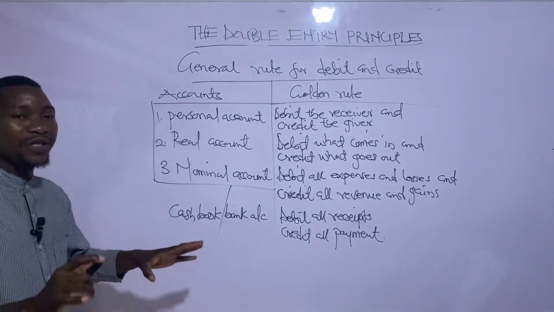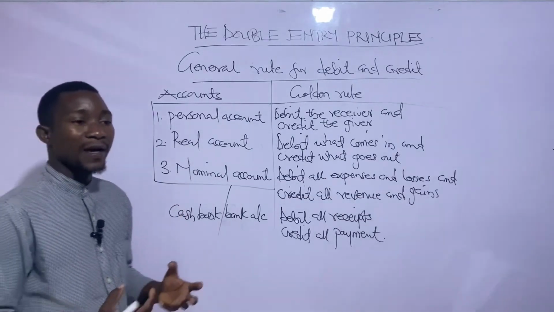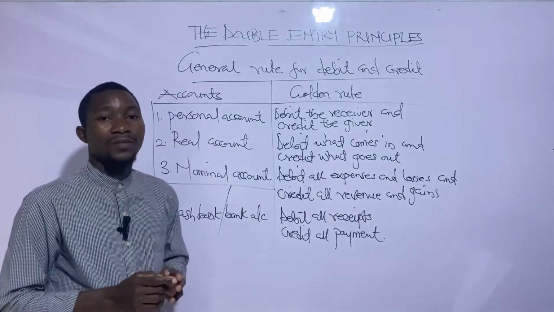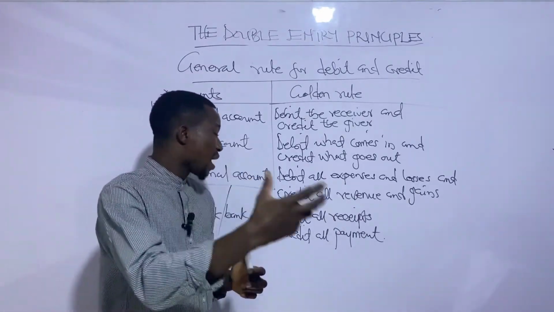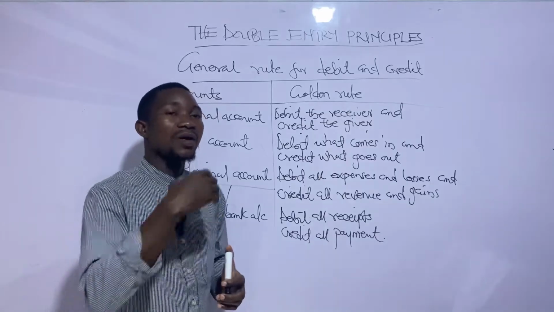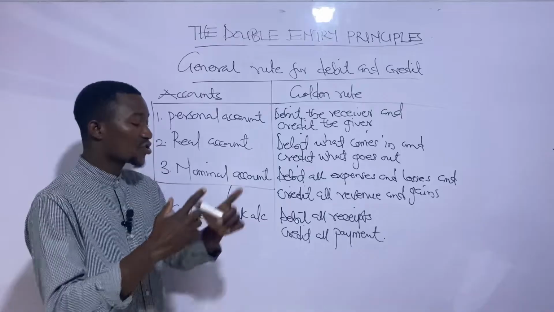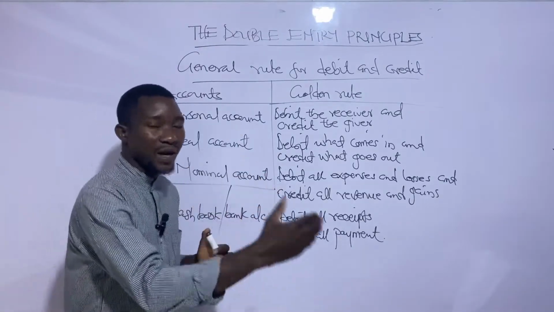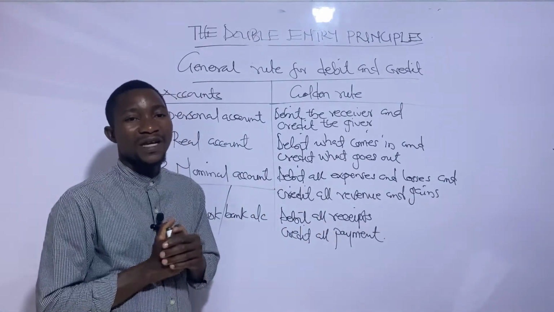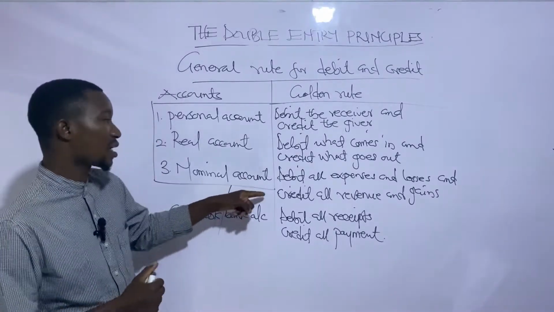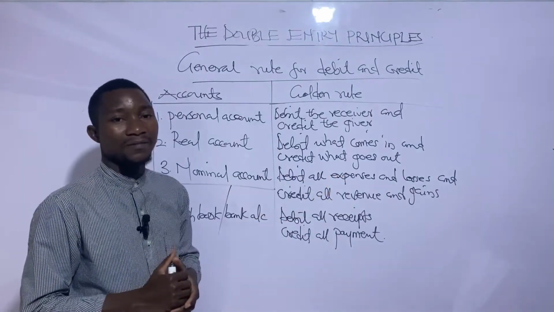So when we are recording transaction in the cash book, anytime we receive cash, we debit the cash book. Anytime we pay out cash, okay, we credit our cash book. For instance, when we use cash to pay an expense, we credit the cash book in the name of the expense account, then we come to debit the expense, because from nominal account we debit all expenses.